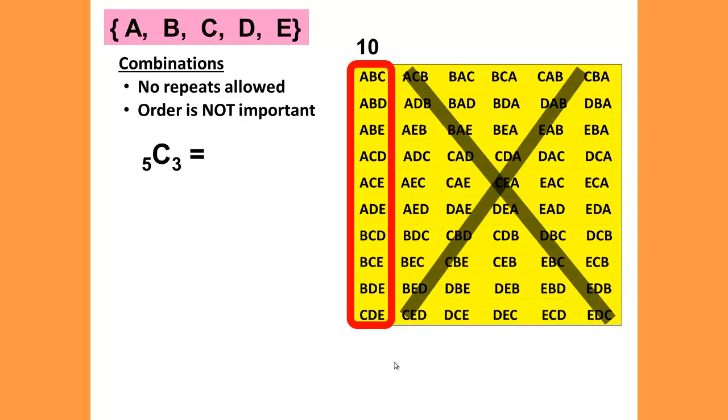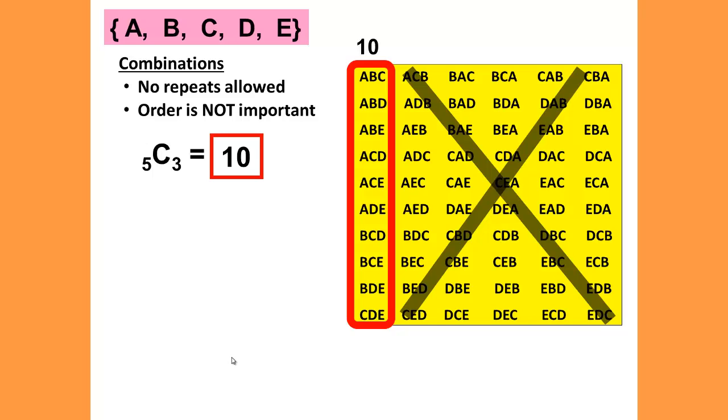So we want to just ignore those. When order is important, we have to consider all of those different arrangements and count them. When order is not important, we do not count the rearrangement as a different group. So we have only 10 unique sets of letters where no repeats are allowed and order is not important.